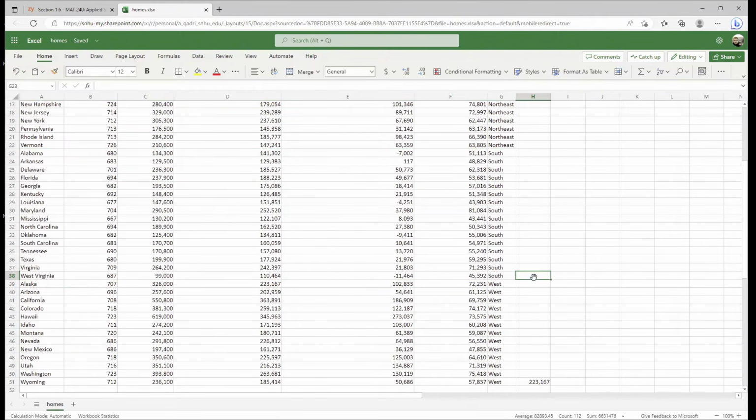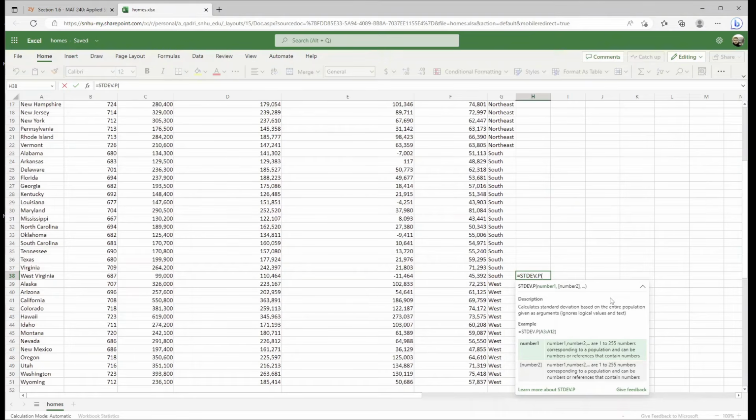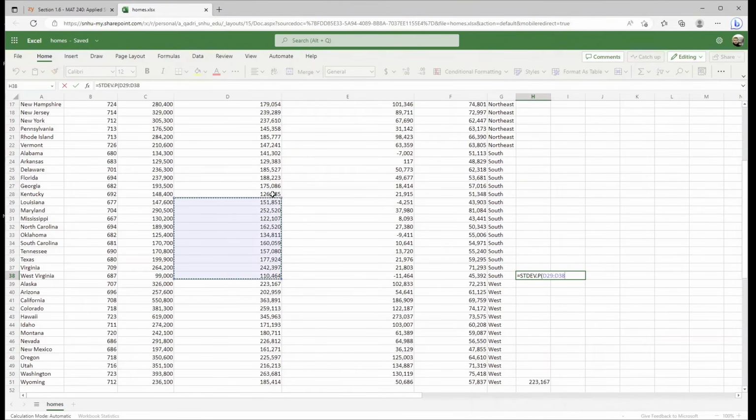The formula for that in Excel is equal STDEV.p, and it says it returns the standard deviation of an entire population. So I will select this, and we're going to select this range of data up until this point here.